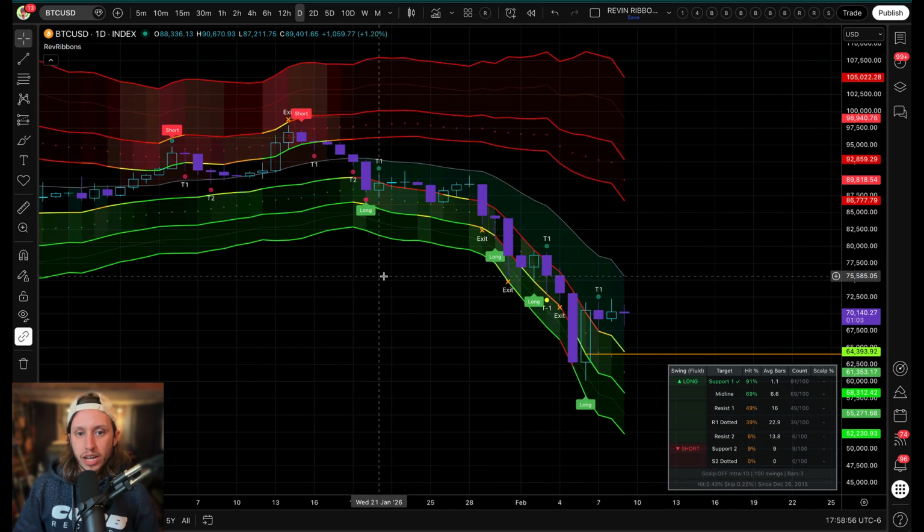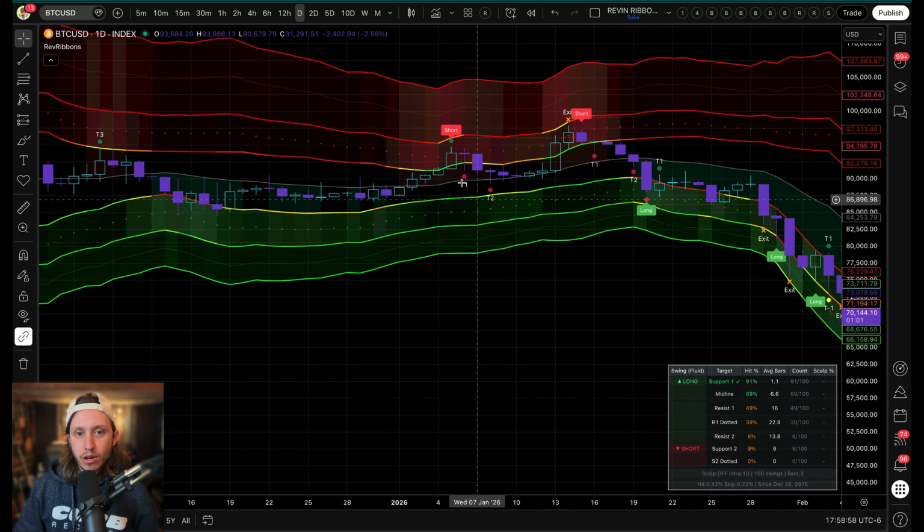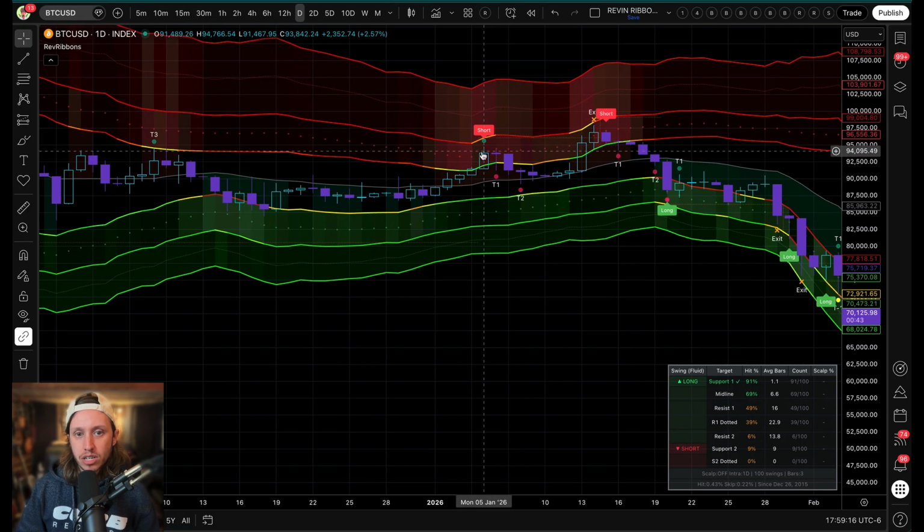The traditional swing, as I have explained it in other videos, is a close up, a wick up near or into the dotted support, or down into the dotted resistance band, but a close below it. So a close past it means trend is on. Close below it means swing is on.